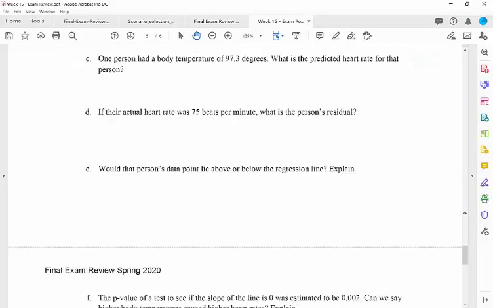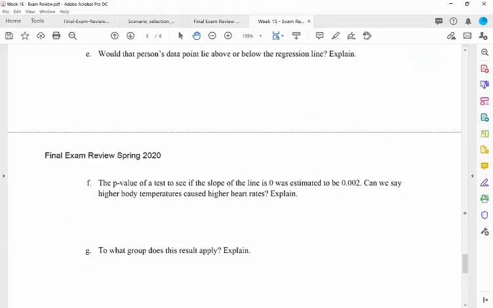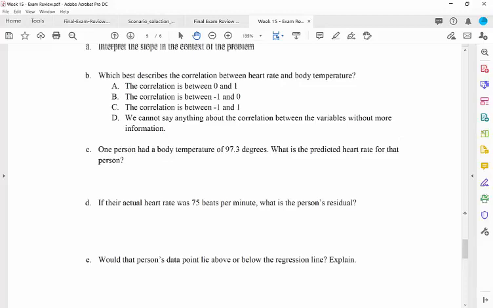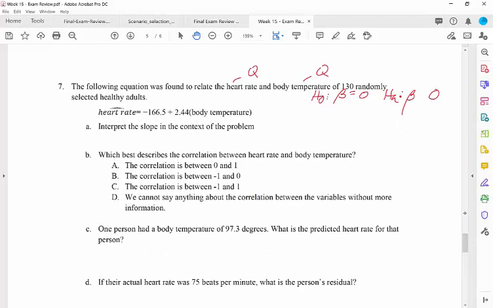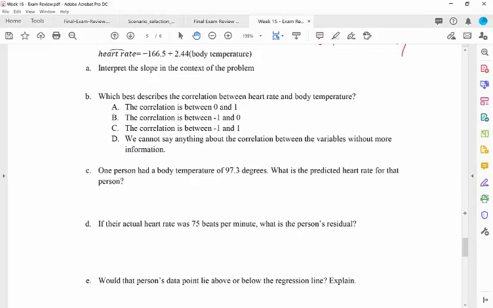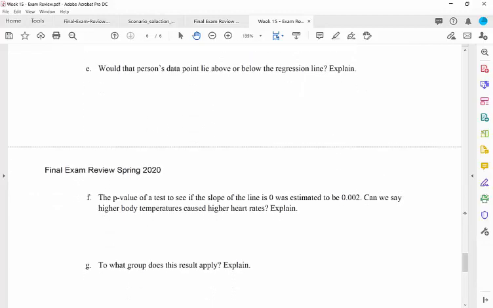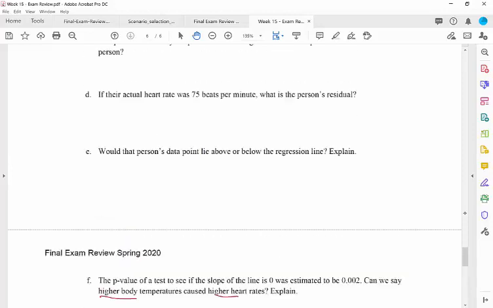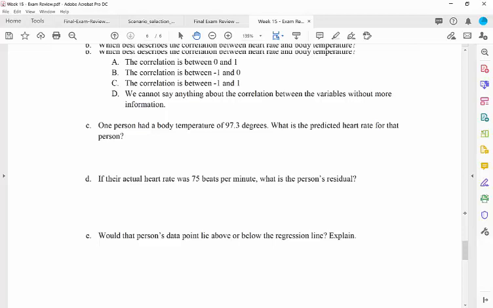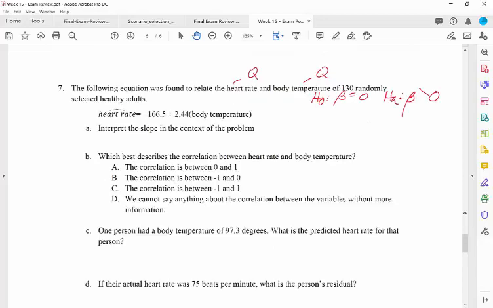I've got to look down to see what we're testing. They're trying to show higher body temperatures cause higher heart rates. So this would be a greater than, because we're trying to show a positive association.